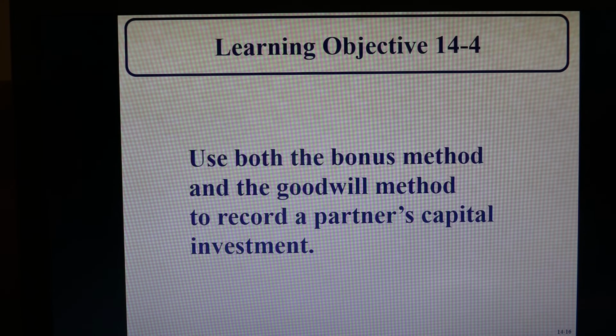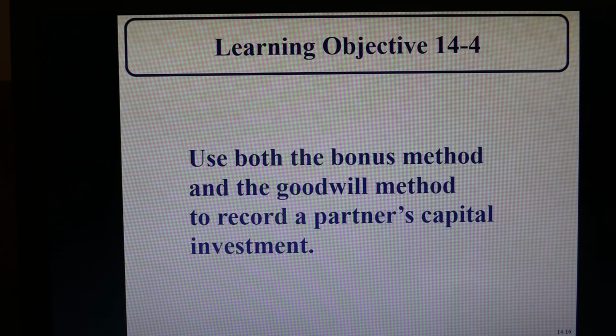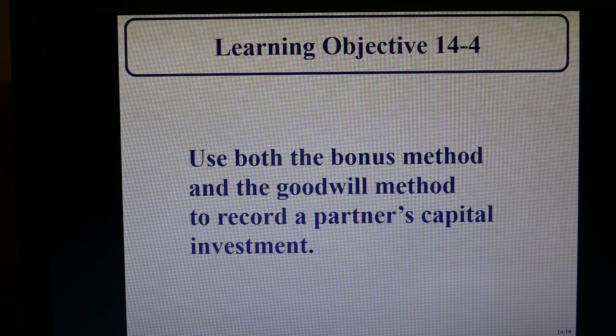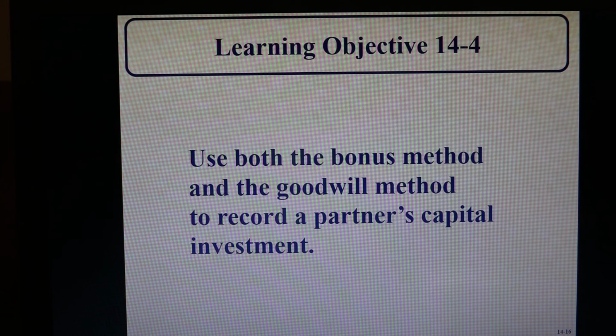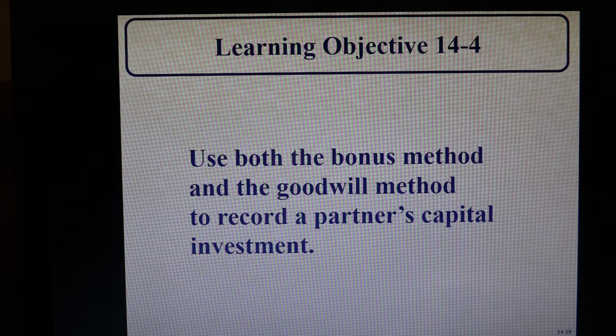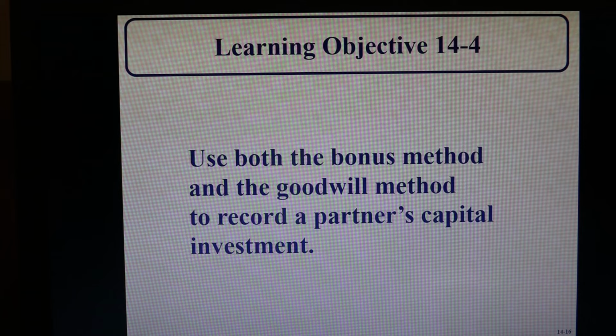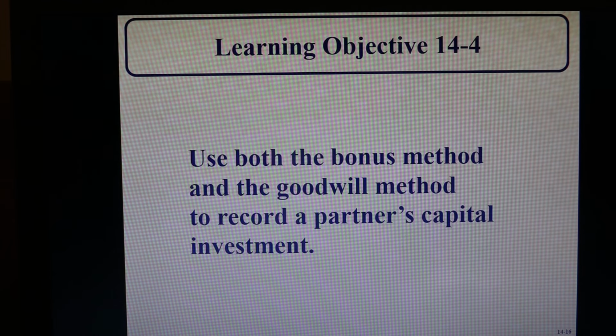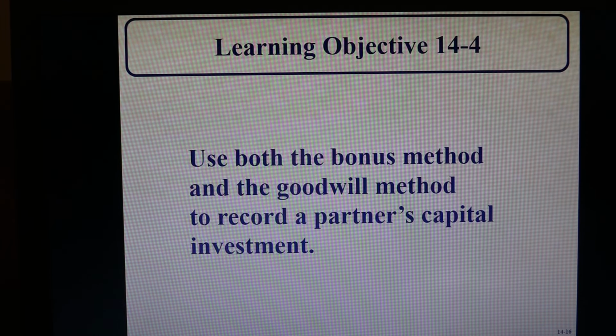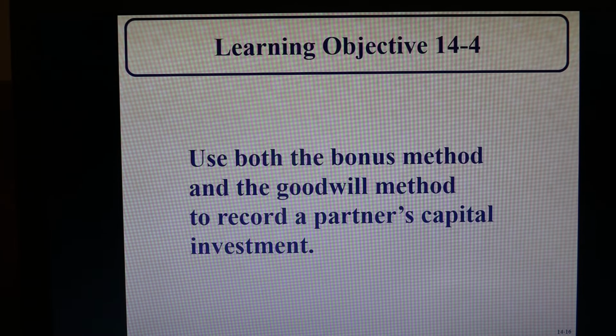Let's say I don't have a lot of money or non-cash property, but I do have a lot of talent that I can bring to an organization, and the other partners realize the intrinsic value that I bring to the organization, and they want to make me an equal partner. How would that be recorded?